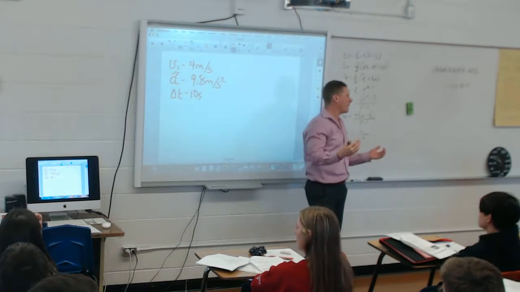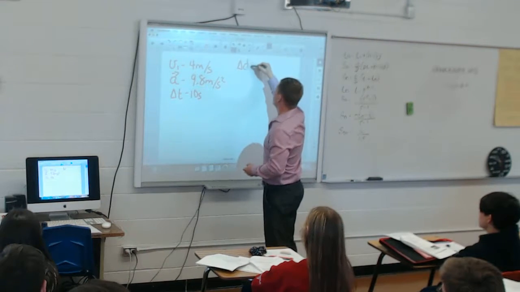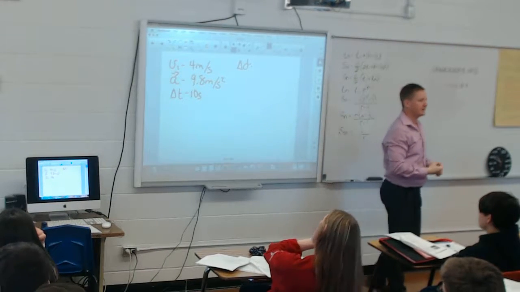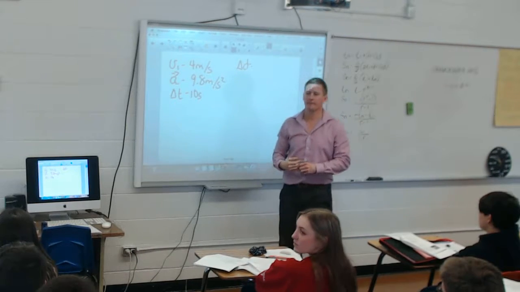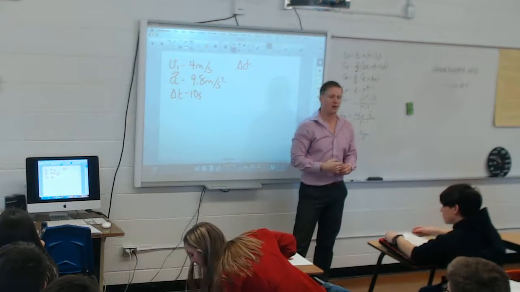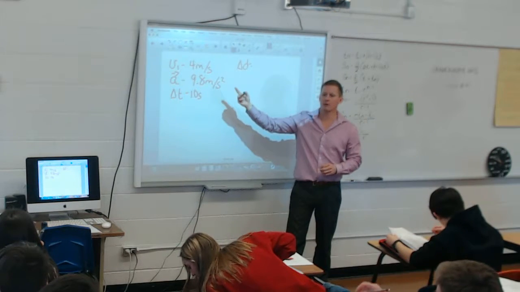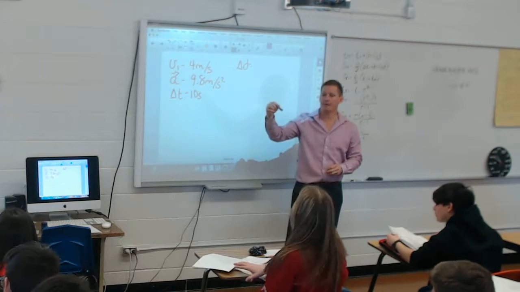So now I can find how high I was when I dropped that object. Which equation deals with D, V1, A, and T? Equation 1 doesn't, there's no distance in it. Are we looking for the velocity or the displacement? Displacement, how high above the ground I was.